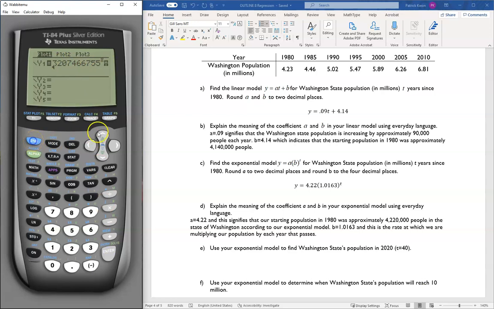And so now I'm going to hit table and scroll down to when our input variable is 40, right there.